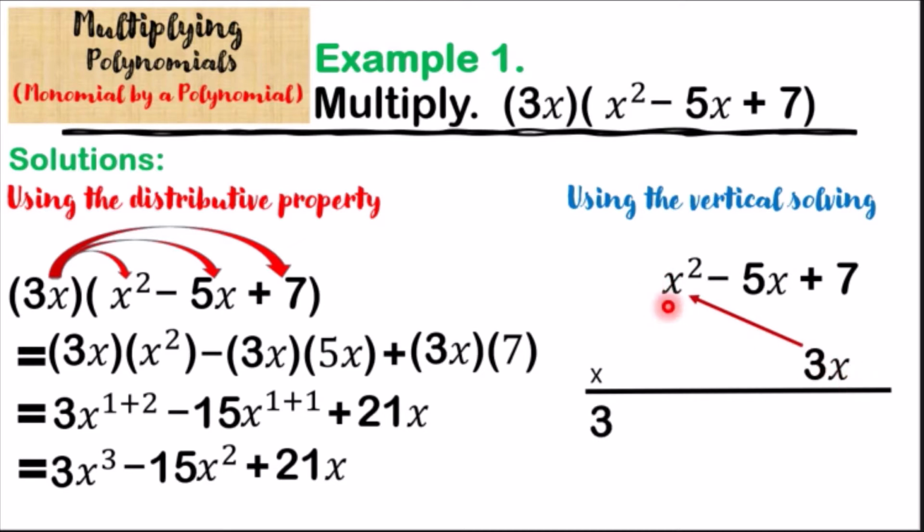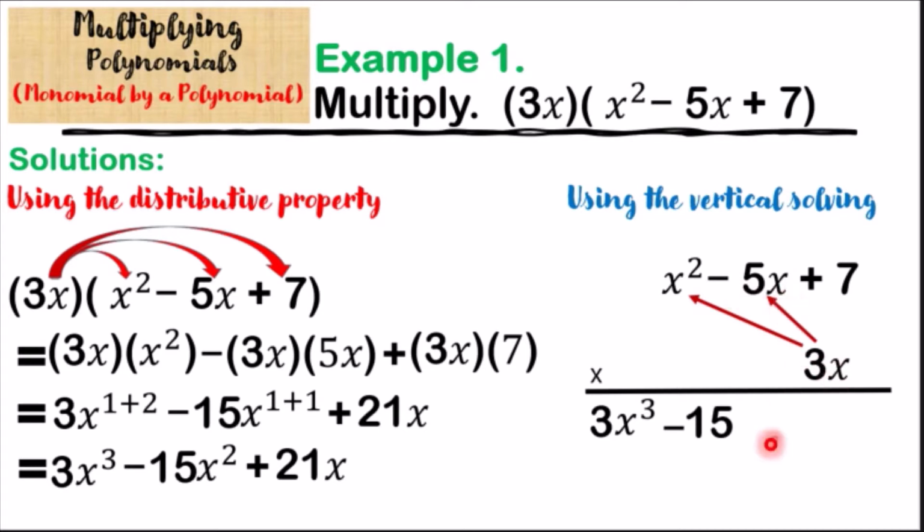X times x squared is x raised to the third power. Then multiply the monomial to the second term of the polynomial. That is 3 times negative 5 is negative 15.